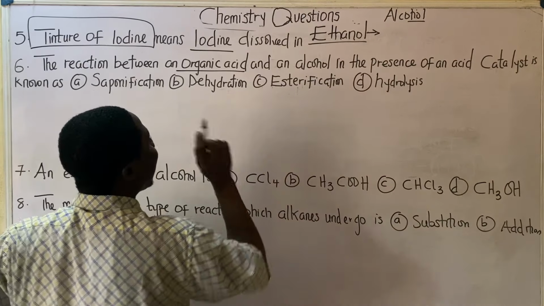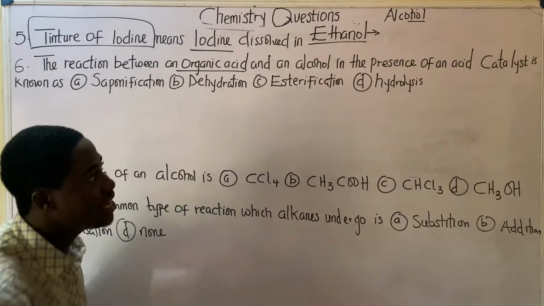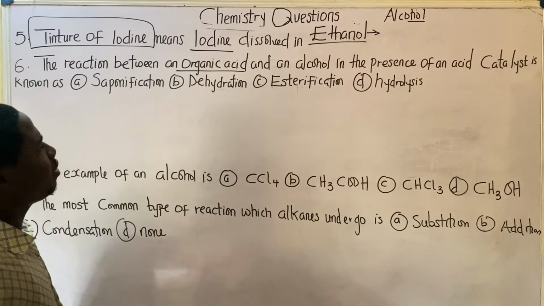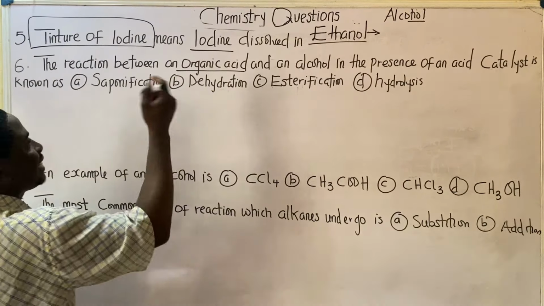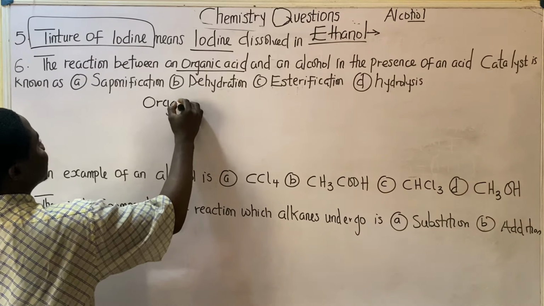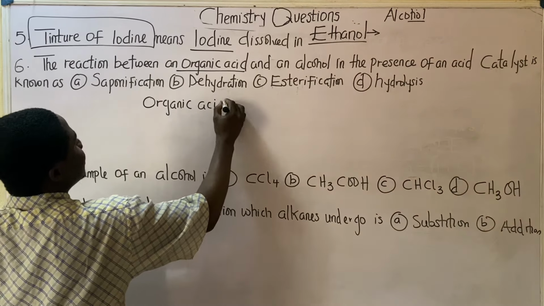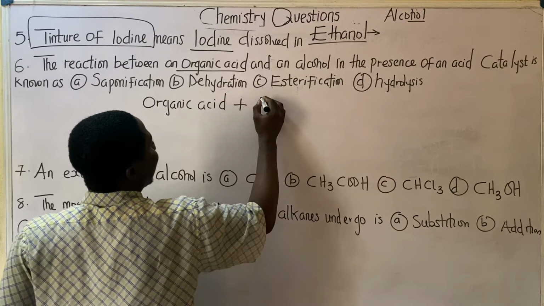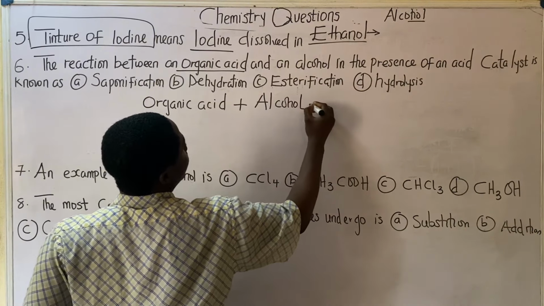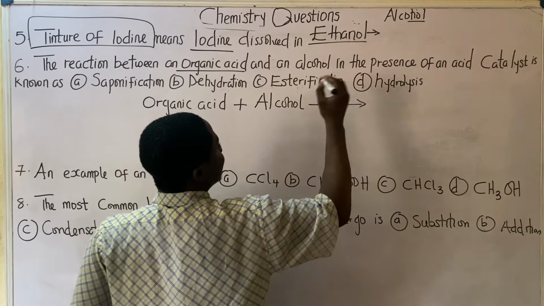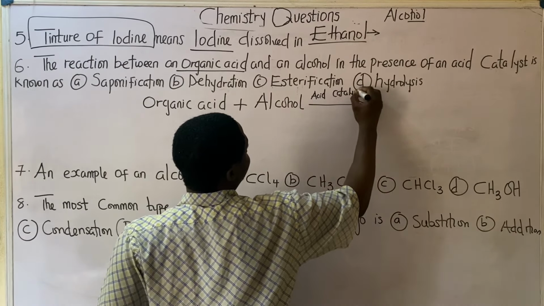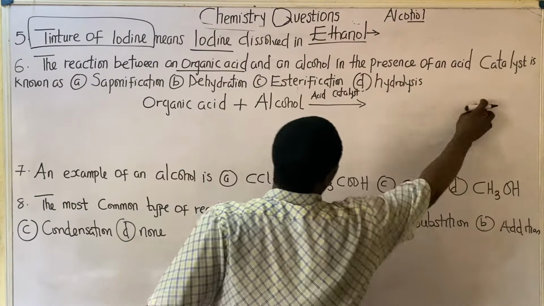Do you understand? So moving further, let's go over to the next practice question, which is: the reaction between an organic acid and an alcohol in the presence of an acid catalyst is known as. Very easy. What is this organic acid we are talking about? Reacting with alcohol in the presence of an acid catalyst, what becomes our product?